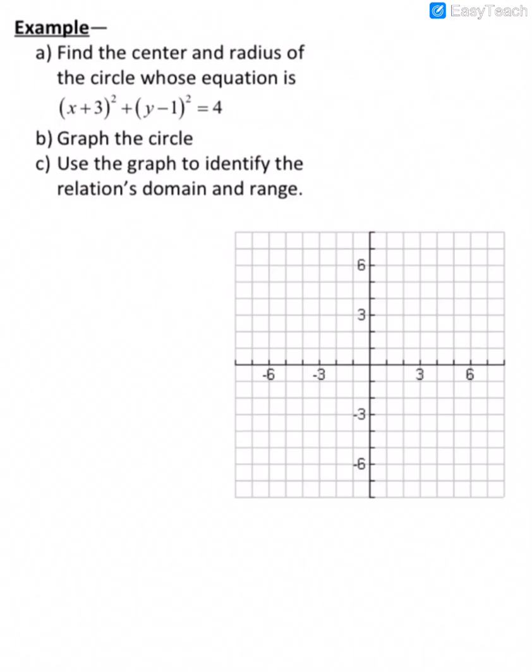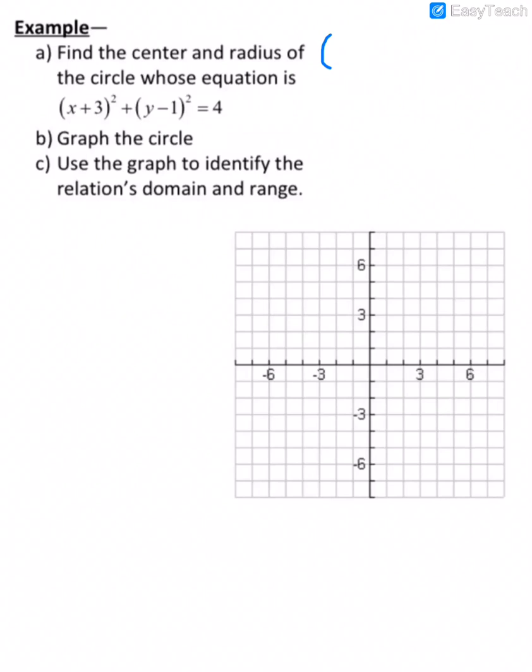So we're going to do that now. They've given us the equation of a circle in standard form, and they want us to find the center and the radius of the circle. In this equation, if we pull out the center of the circle, we have to change the signs of those numbers.